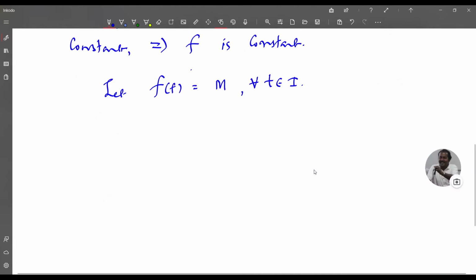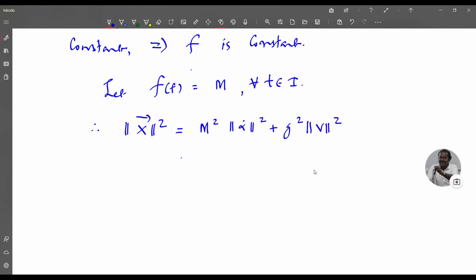Therefore norm x square is equal to m square norm alpha dot square plus g square. This is because g square into norm v square, and this is m square norm alpha dot square plus g square, since norm v is 1, and this is norm x square.